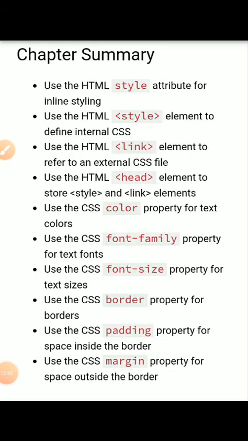First, the HTML style attribute is an inline style. Use the HTML style element to define internal CSS, the link element to refer to external CSS, and the HTML head element to store the style and link elements. Use the CSS color property for text color, and use the CSS font-family property to give the font.